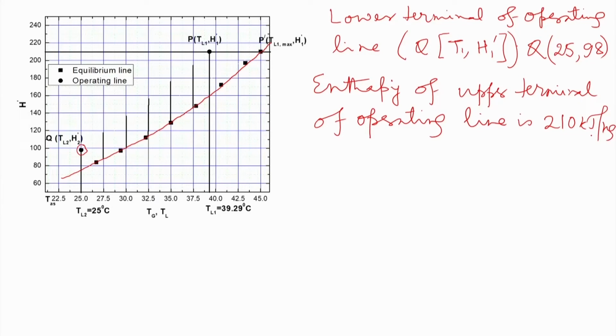So now we will draw a line parallel to the temperature line. We do not know where the point P, the upper terminal, will actually be, but this is for the minimum water flow rate.